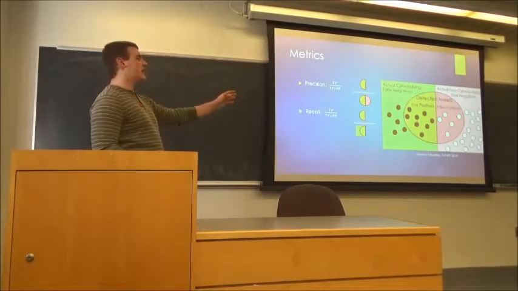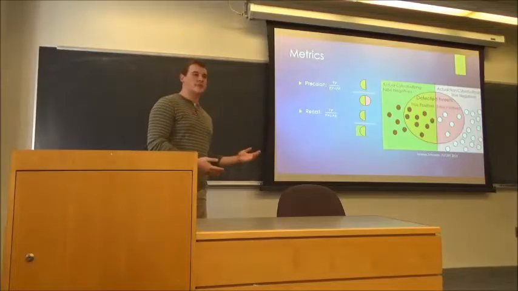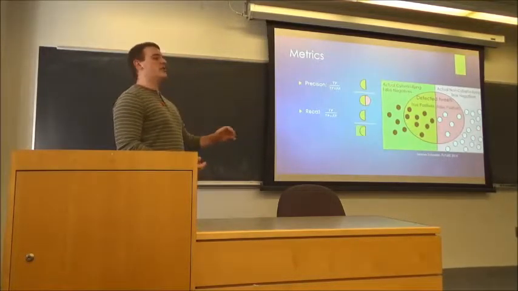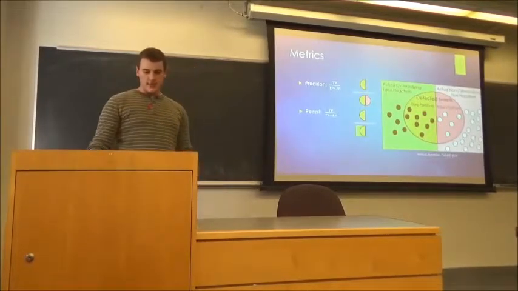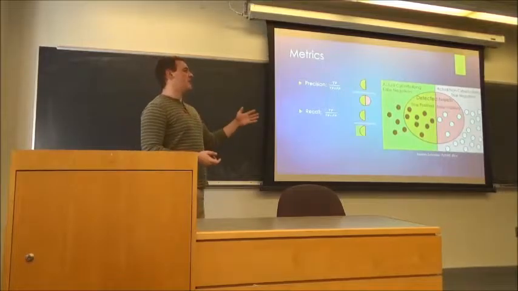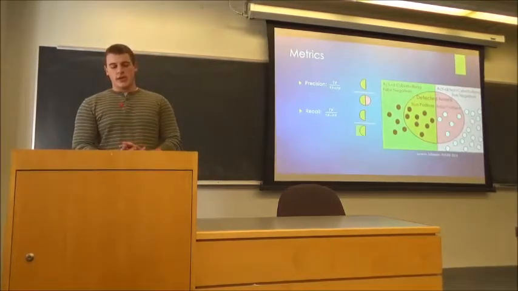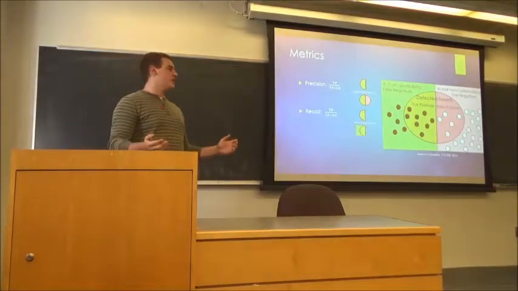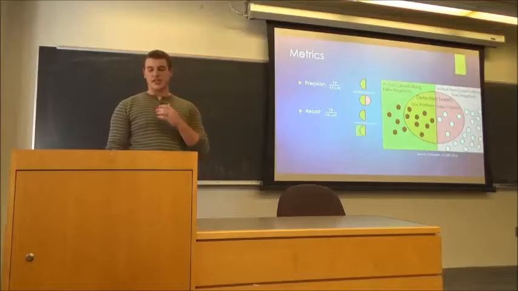A false negative would be something that was cyberbullying but my algorithm didn't detect, and a true negative was something that wasn't cyberbullying and something I didn't detect. Precision is just out of all the messages I detected, how many were true positives, so how many I got right. And recall was out of all the actual cyberbullying messages, how many were detected.